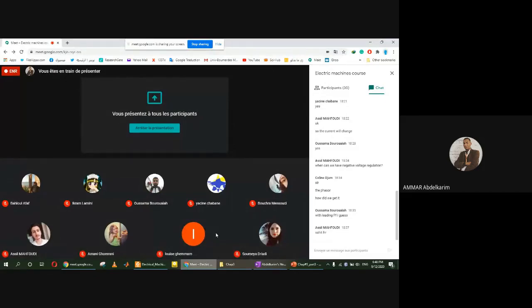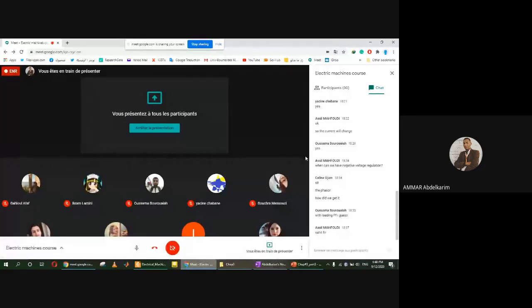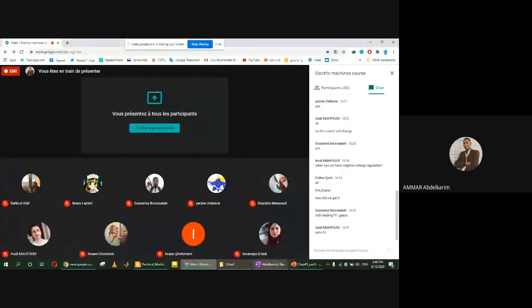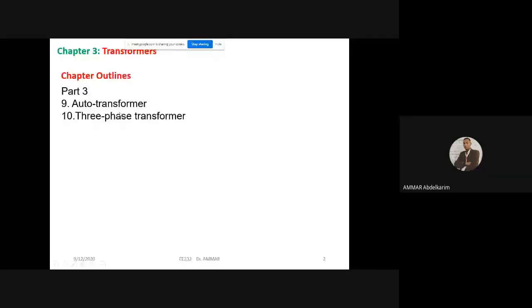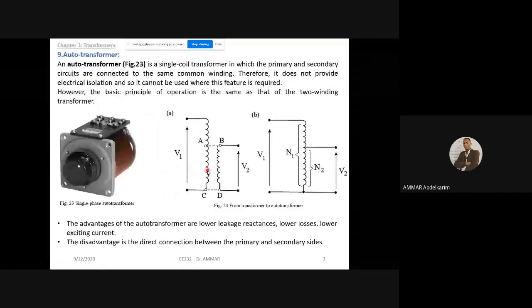I will upload it later, because I was thinking of not adding this part, but after that I think you should know this information, because this part is some kind of demonstration more than analysis. So let's see some special transformers in this third part: the autotransformer and the three-phase transformer.